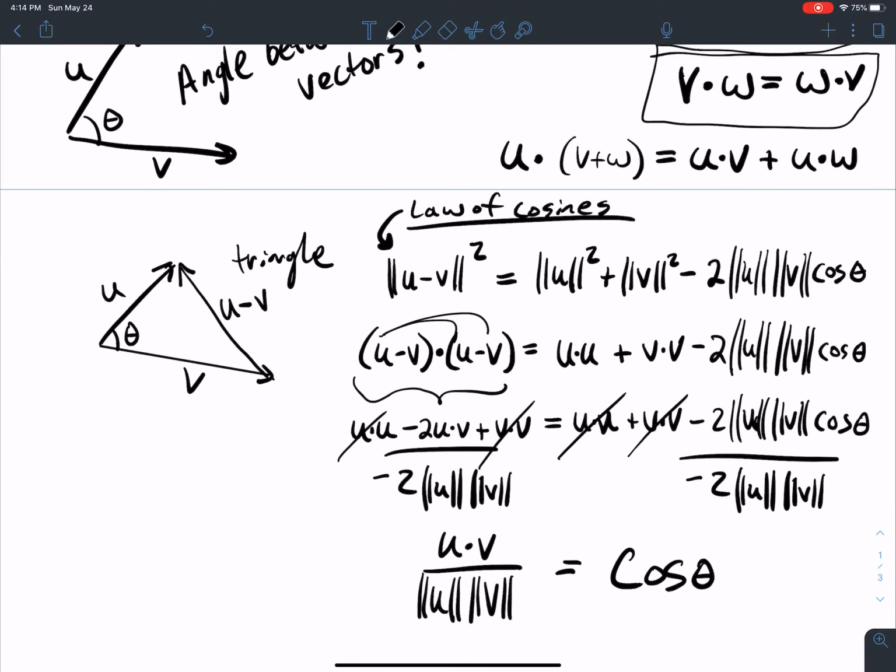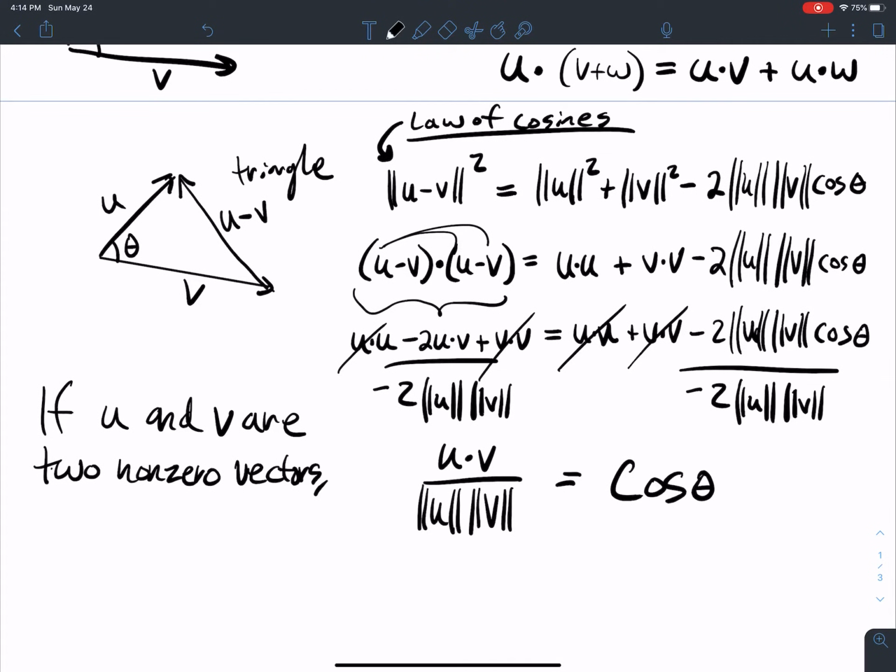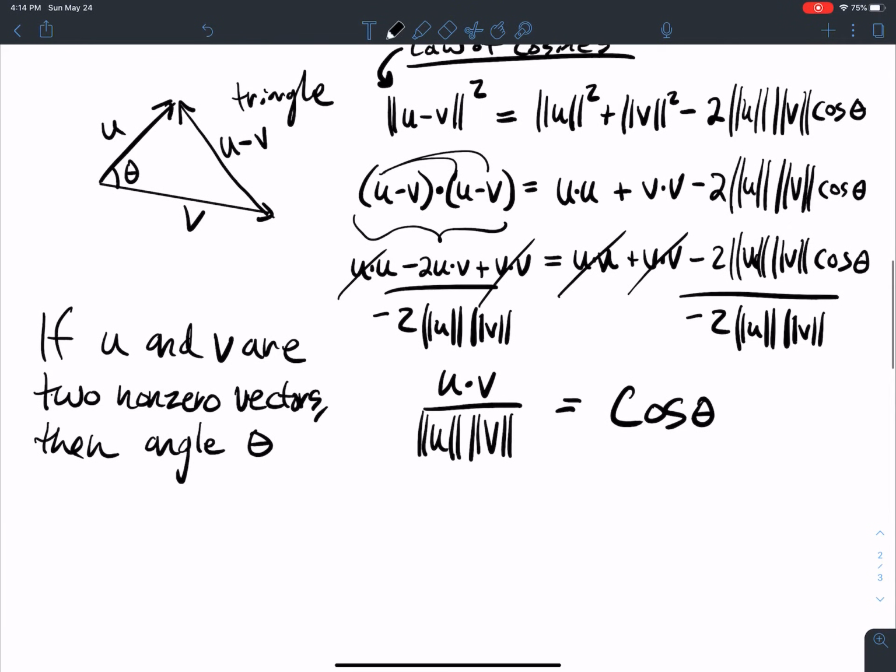So, if u and v are two non-zero vectors, then the angle theta, where theta is between 0 and pi, is the angle between u and v.